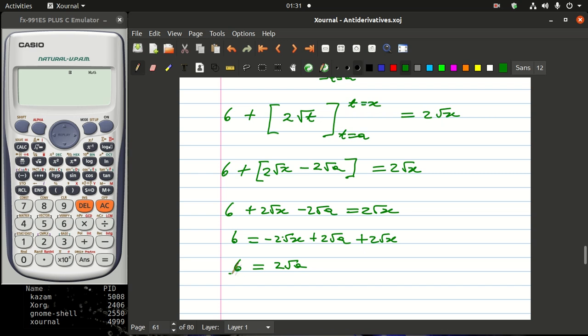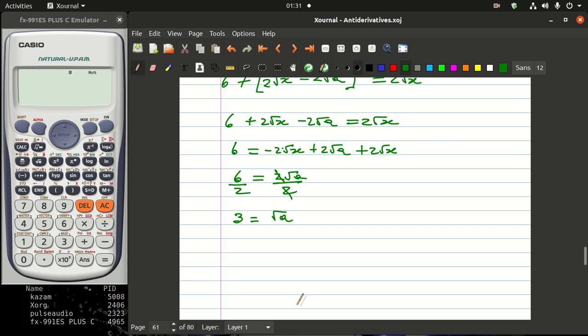a. Of course, I can divide by 2 on both sides, and this 2 and that 2 will cancel out. And now you are having a 3 is equal to root a. And once you are having that, I want to remove this root, so I just have to square on both sides, and then I have a root of a, and then I have to square that side, and then I have a 9 is equal to a.